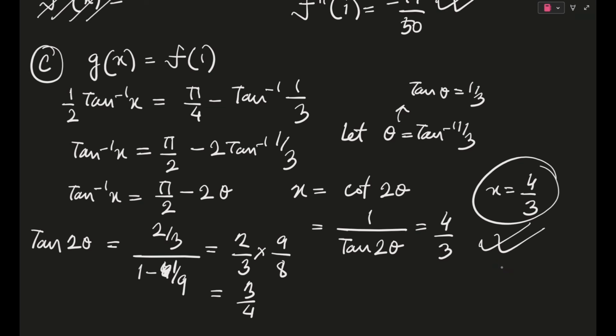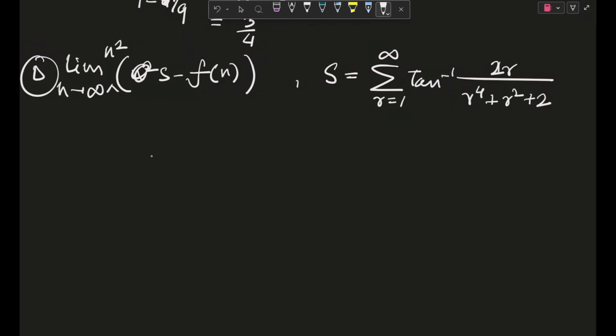Now let's move on to the last option D, which I also guess will be correct because all are coming out to be correct. So this is your option number D, which is limit n tends to infinity n square times s minus f n, that we have to find, where s is equal to sigma r equals 1 to infinity tan inverse 2r by r power 4 plus r square plus 2. So this is basically nothing but limit n tends to infinity of f of n.